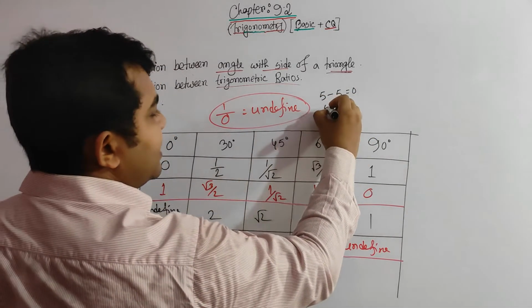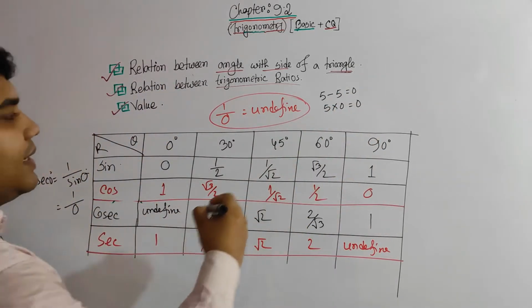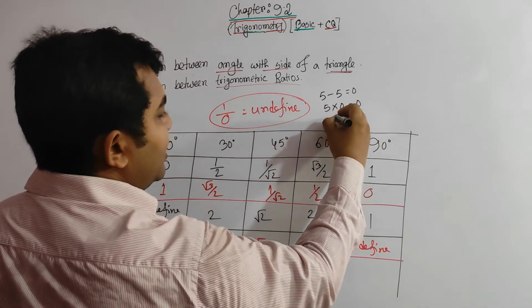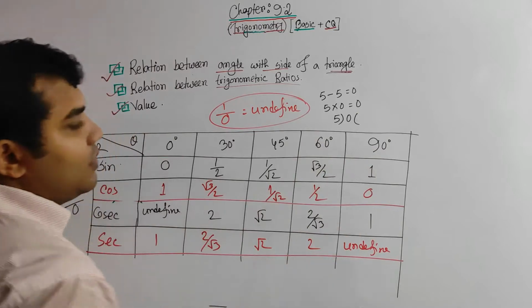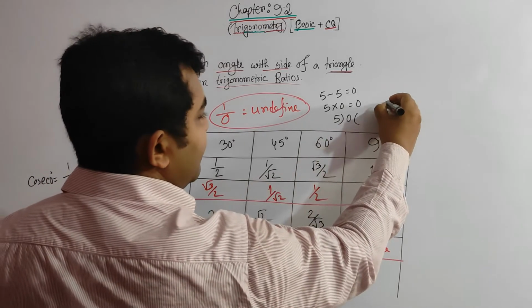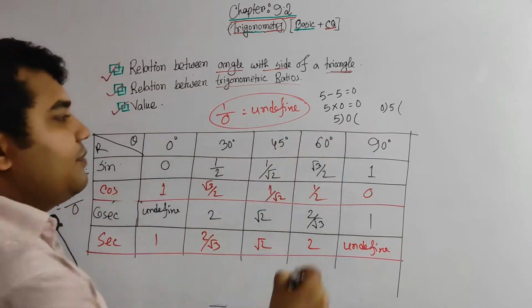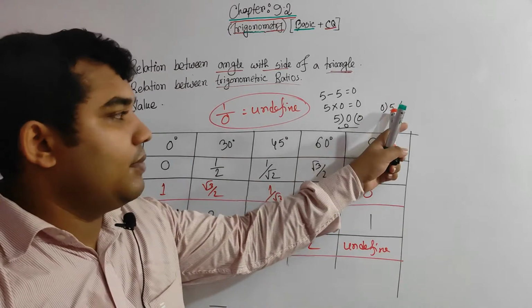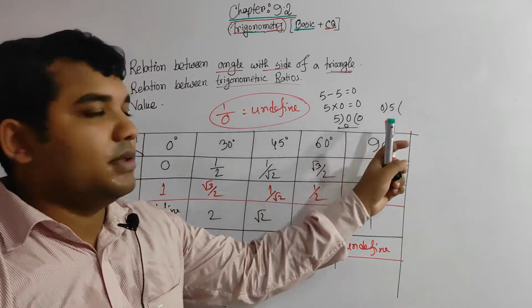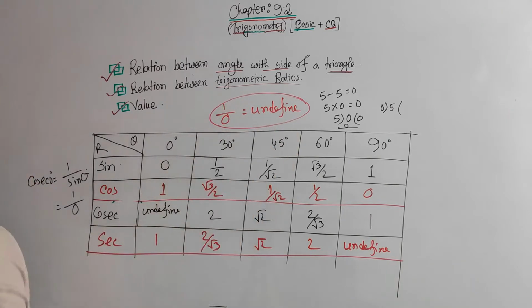If you multiply something with 0, that is 0. But suppose 5 is divided by 0 or 0 is divided by 5. Dividing 0 by 5 is possible because 5 into 0 is 0, but 0 into what is 5, we don't know. That's why 1 by 0 is undefined.